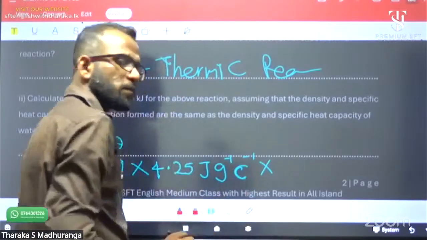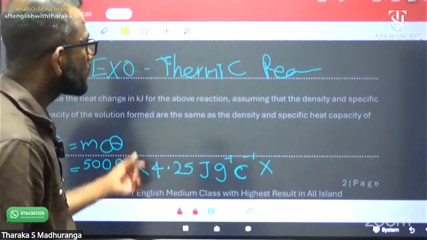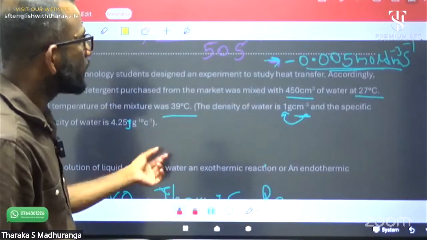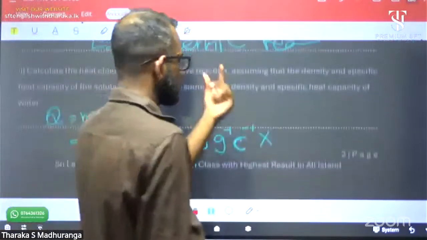Now what is the temperature difference? 27 Celsius increase up to 39, 12 Celsius.